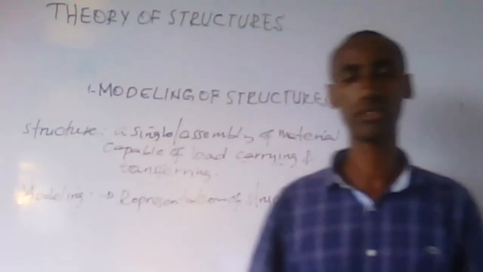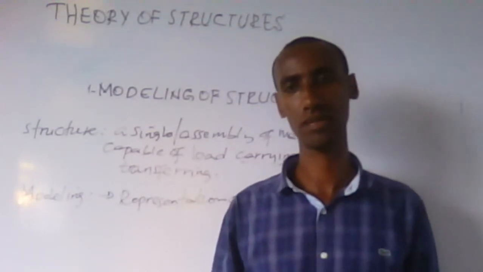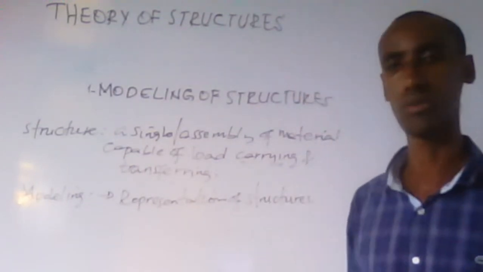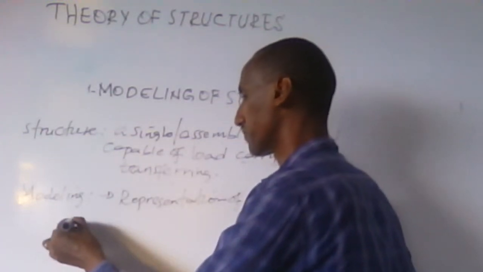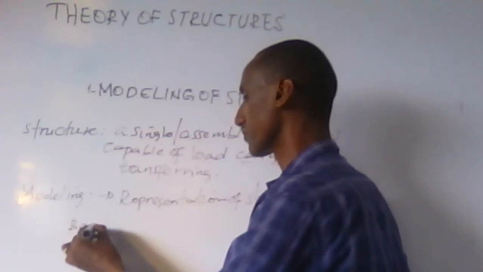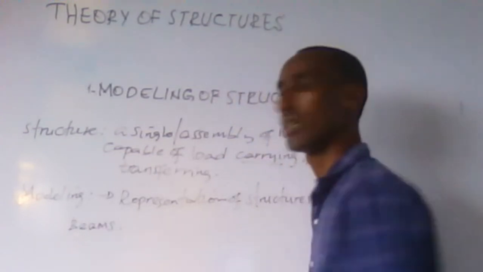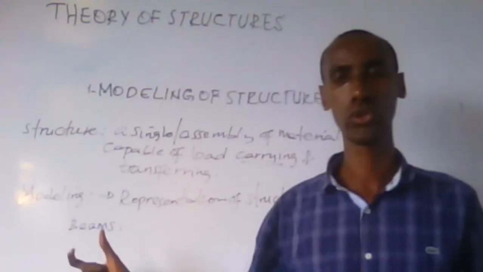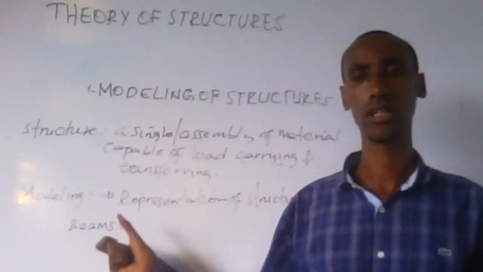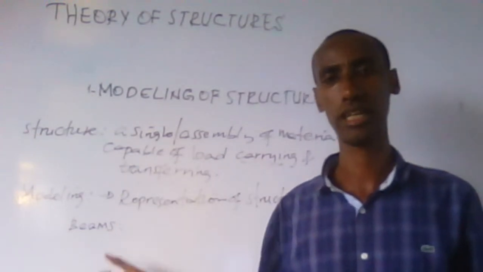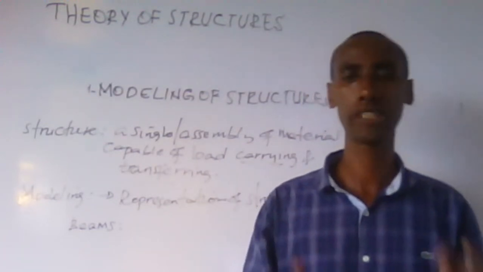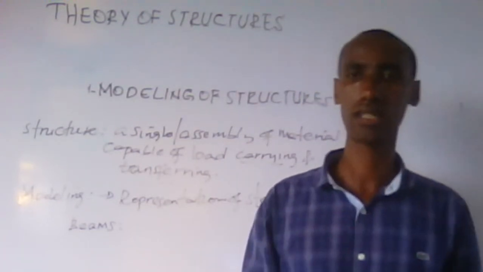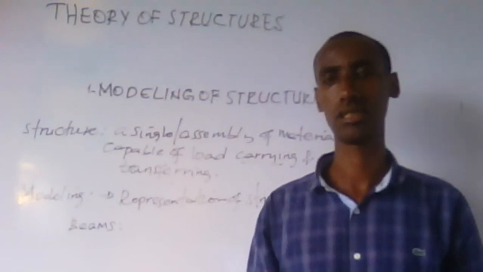Let me try to give you some examples of modeling. For example, if you come to buildings or some structures, there are beams. As you know, beams are usually horizontally aligned structural elements in which their lengths are much, much greater than either their widths or their thicknesses.